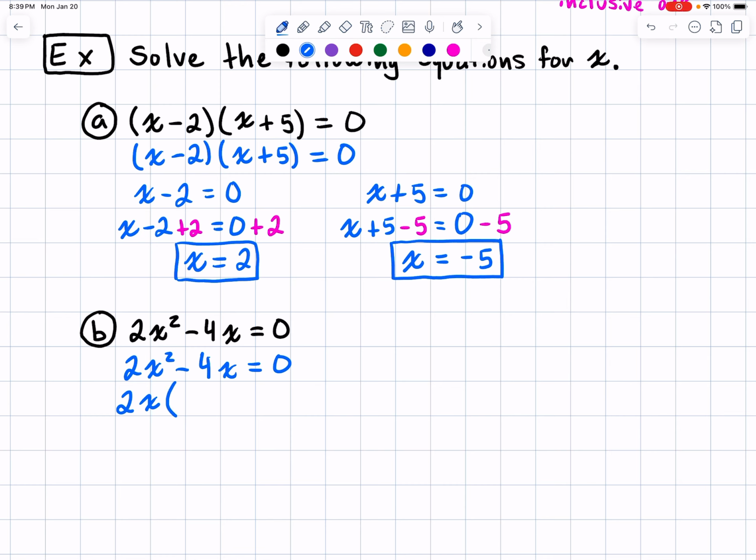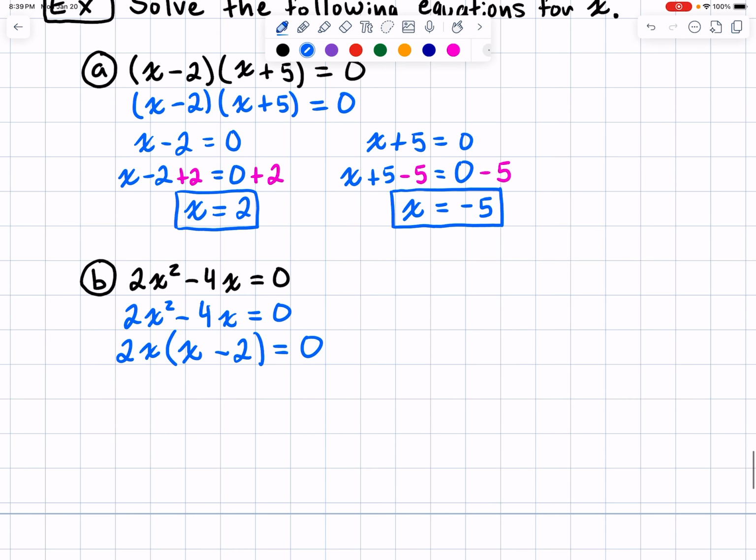Now we have to see what we have left. So if I pull 2x out of 2x squared, I should end up with just x left over. And if I pull 2x out of negative 4x, I should just end up with negative 2. So I should have 2x times x minus 2 equals 0. Now again, we're going to use the zero product property. So now I have 2x equals 0, and I have x minus 2 equals 0.